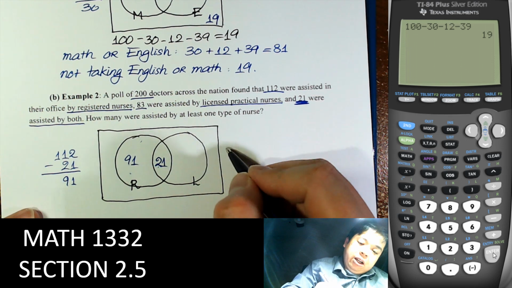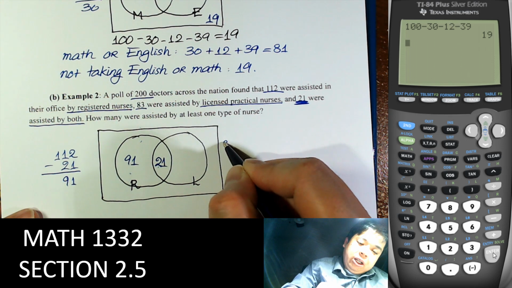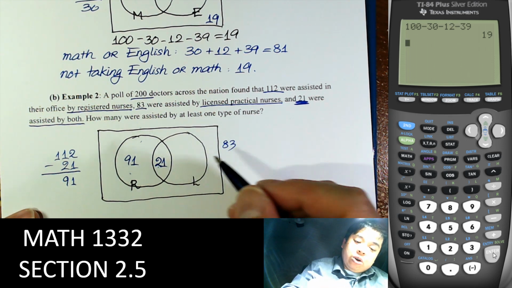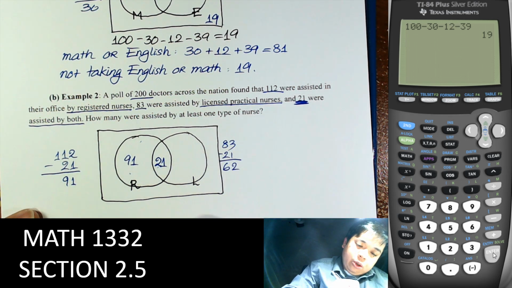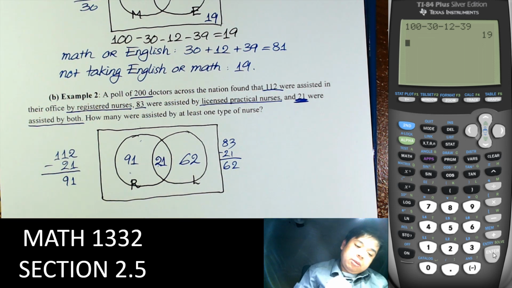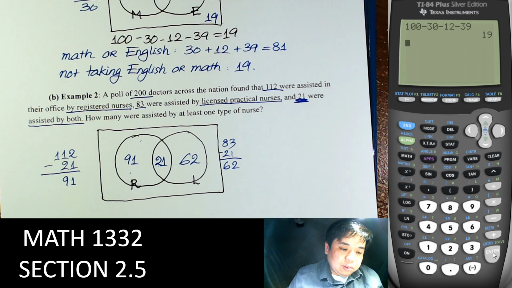And over here we have 83 licensed practical nurses minus the 21. So that is 62.